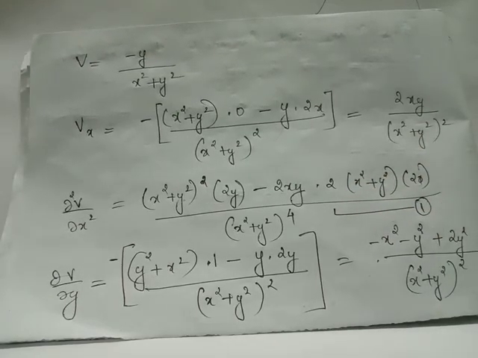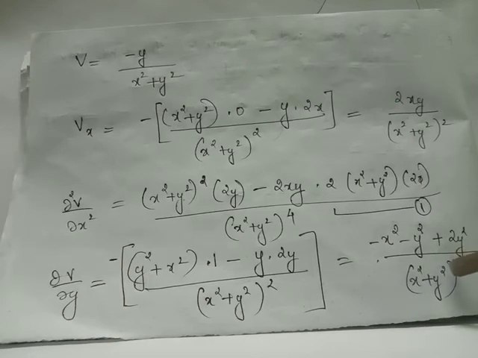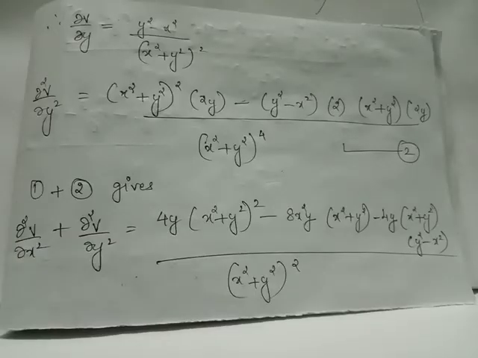Now we evaluate dou v by dou y using quotient formula. We get an expression which we again partially differentiate with respect to y to obtain dou square v by dou y square, again using quotient formula. We give the equation for dou square v by dou y square as equation 2.